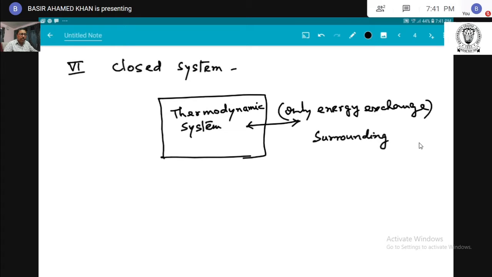I repeat again, if the boundary of the system permits exchange of energy only and no matter, the system is said to be a closed system.